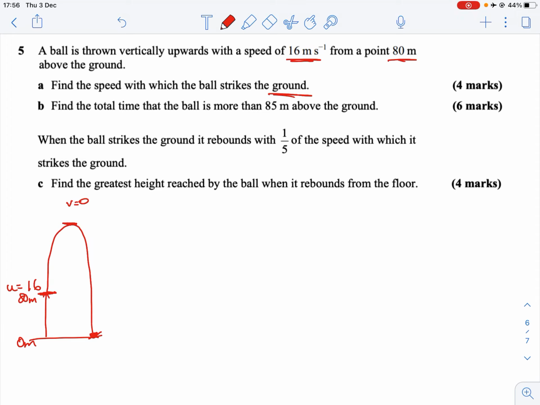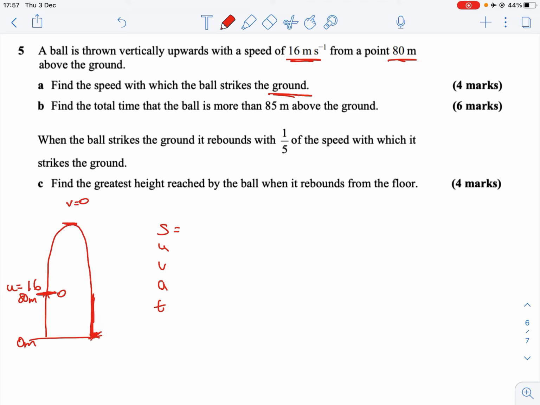So step 2, remember, we always do a SUVAT. What's the displacement when it's on the floor? Remember, we're starting at this point, so this is 0, and our displacement is here.